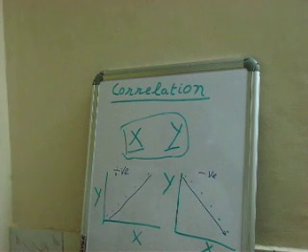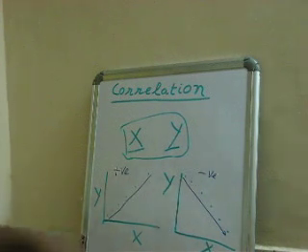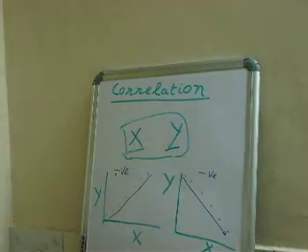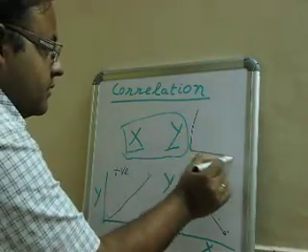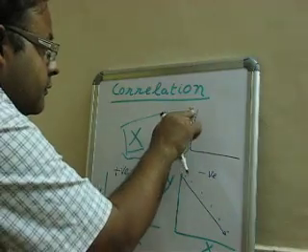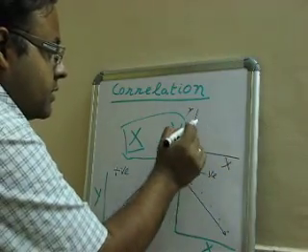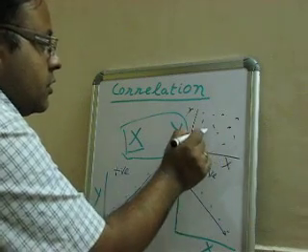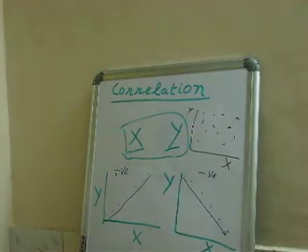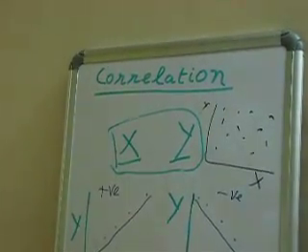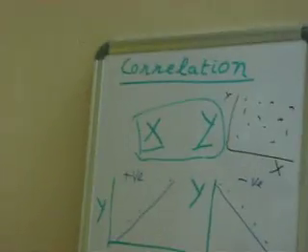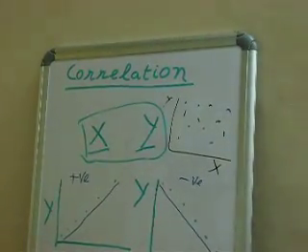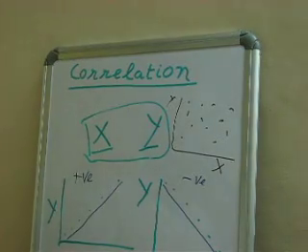However, there can be a case where there is no correlation between these two variables. That time you get a scatter plot something like this. You have y, you have x, it can be something like this. If you get a diagram like this, you cannot say what type of correlation it is.